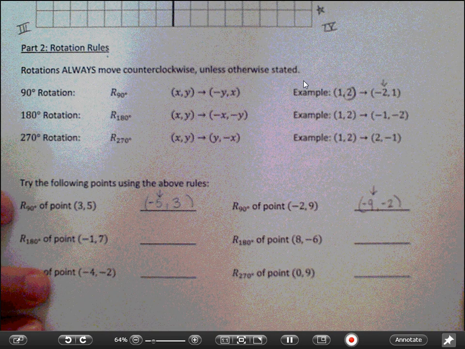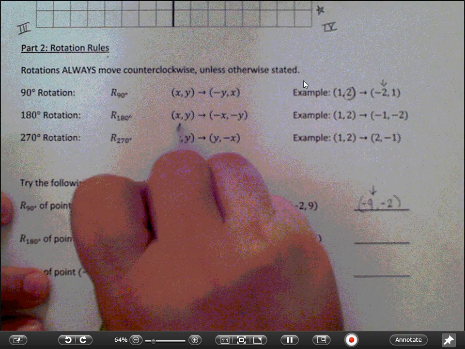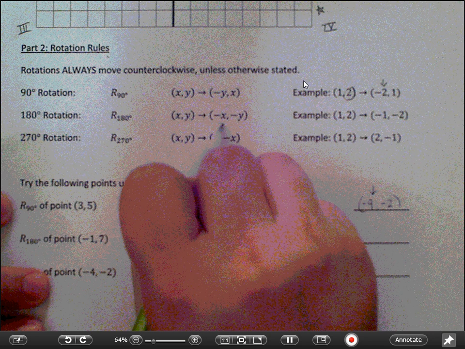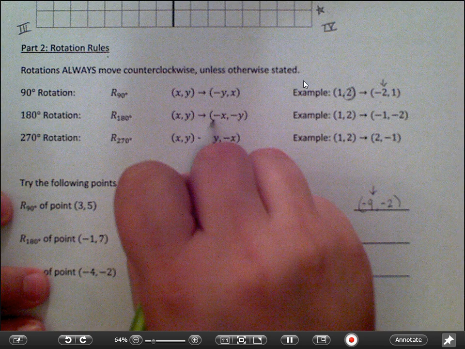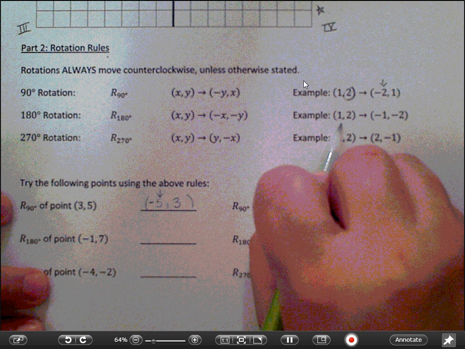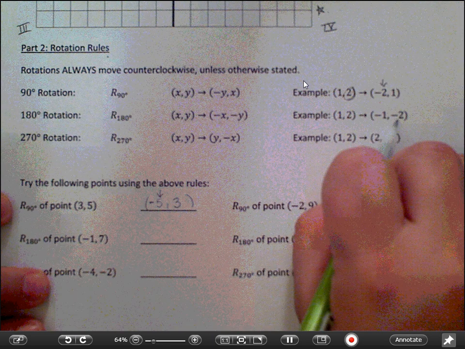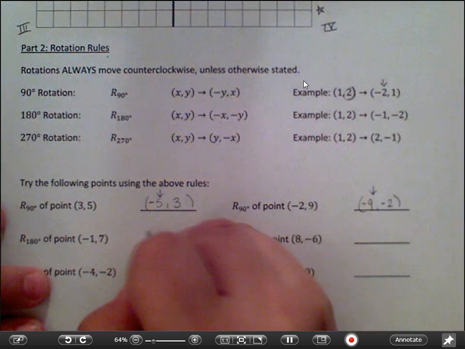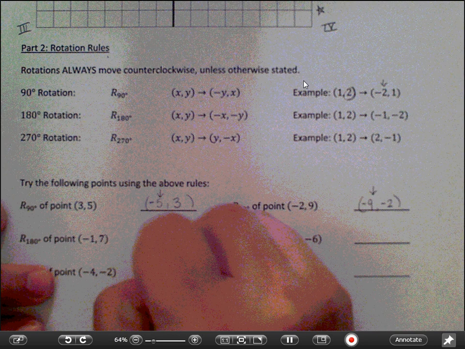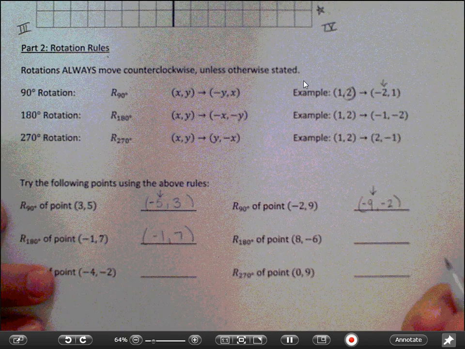180-degree rotation is a little simpler. The x and the y stay in the same place, but they're both negated, meaning they're both changed to their opposite. So our point 1, 2 would be changed to -1, -2. So again, they stay in the same order. However, they're negated.